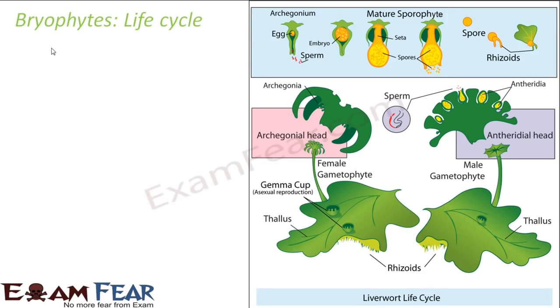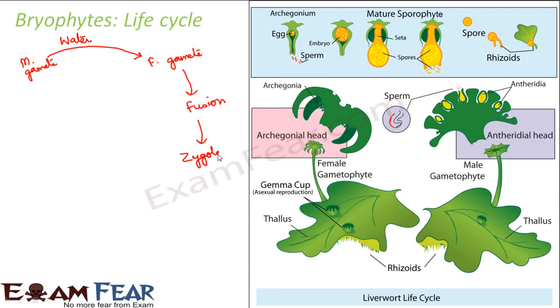So through water, let us suppose this is the male gamete, water will carry the male gamete to the female gamete. Once the male gamete reaches the female gamete, fusion will take place. As a result of fusion, a zygote will be formed.